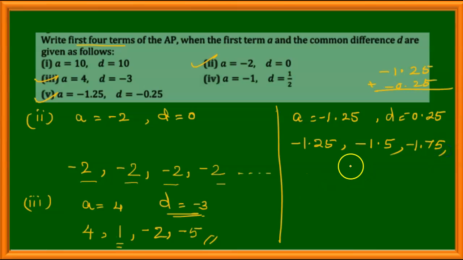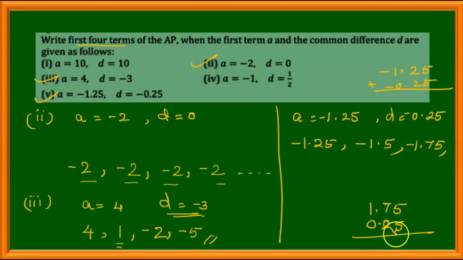And one more term we will get: minus 1.75 plus minus 0.25. Both of these are minus, so we can add without the sign and then put the common sign.